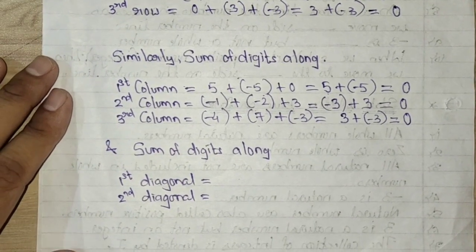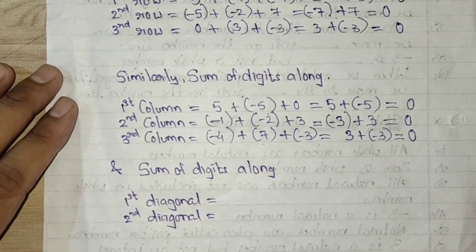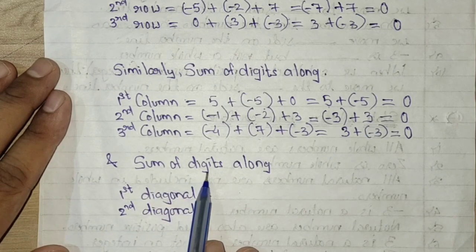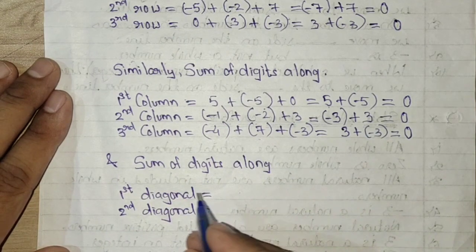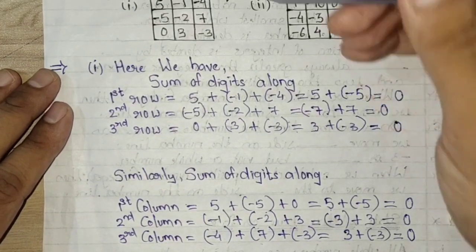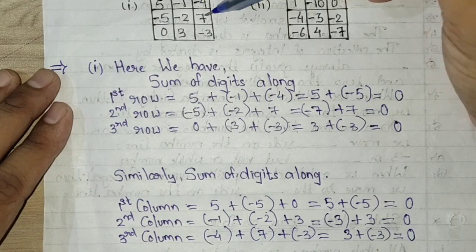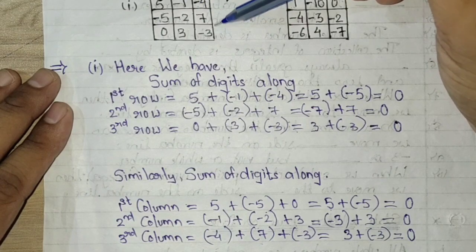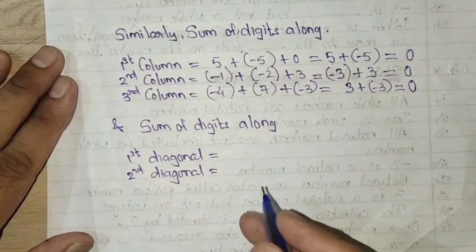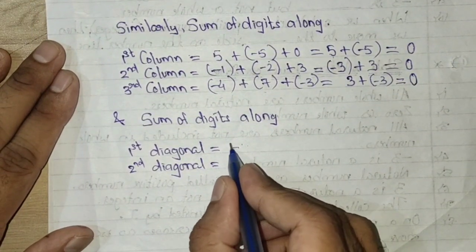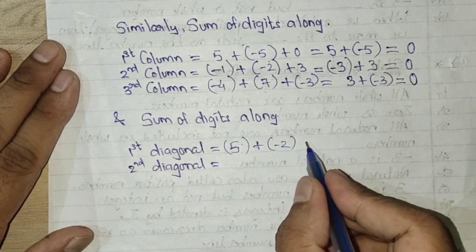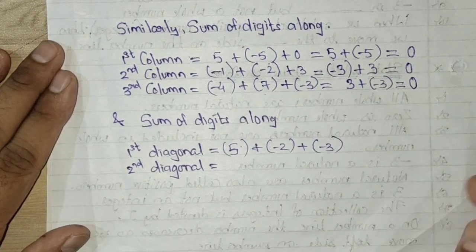Now let us move to the sum of diagonals. So we will write now sum of digits along diagonals, first diagonal. Let us do the sum of the first diagonal. In the first diagonal, we will take 5, minus 2, minus 3, and we will add them. 5 minus 2 and minus 3.